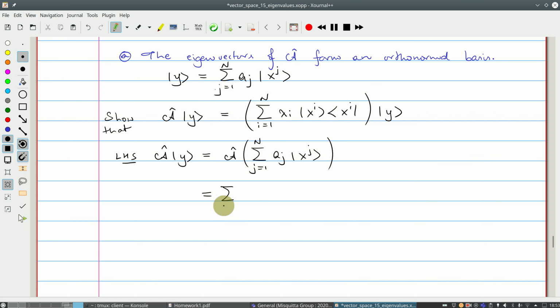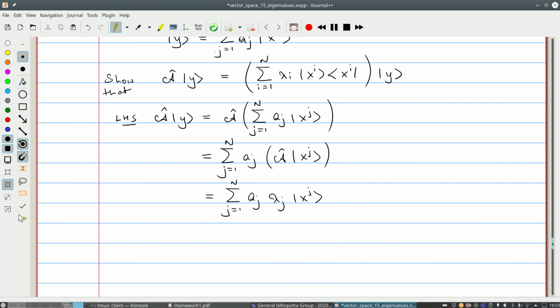So we'll bring the sum out. j is equal to 1 to n, aj, and then this operator operates on the vectors. Now A operating on xj gives us, we know what it gives us, a lambda j times xj. So we know what the LHS is.